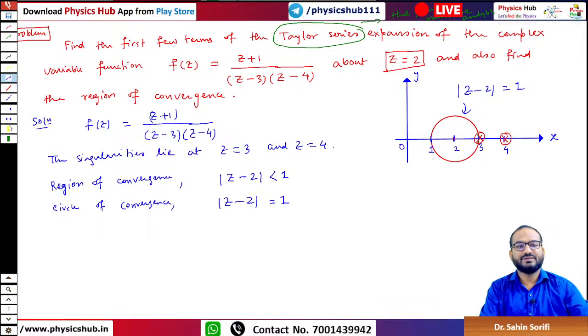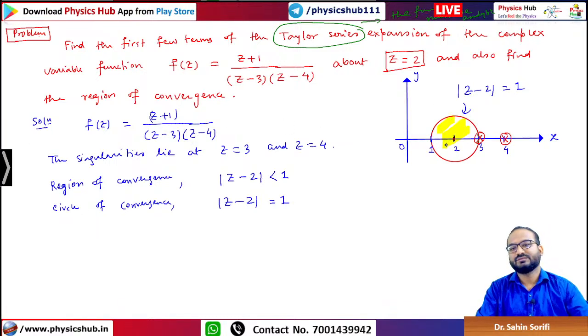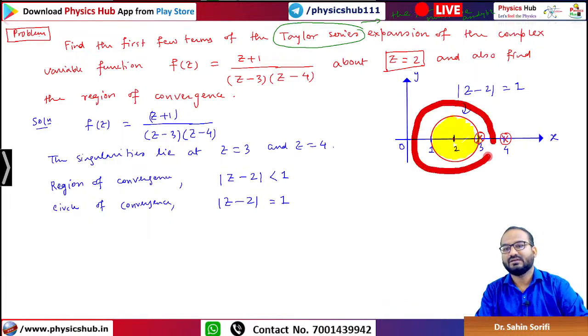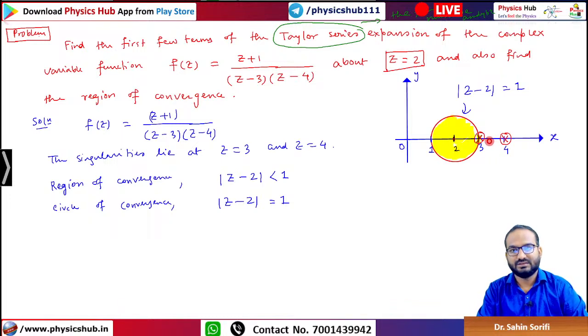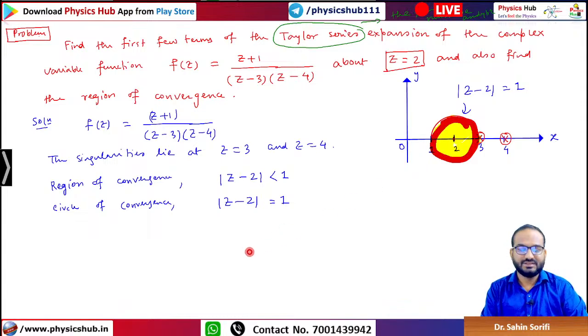Region of convergence means the inside points of this circle. Why is it the region of convergence? You see, if mod z minus 2 becomes greater than 1, then the circle will be bigger. The circle would have been like this, and that will include this z equals 3, and that will make the series diverge. Understood? So this is the region of convergence.